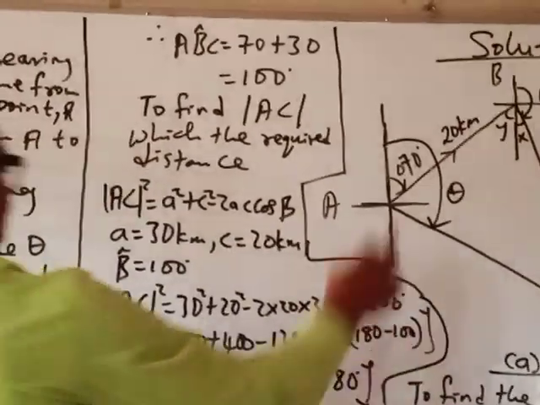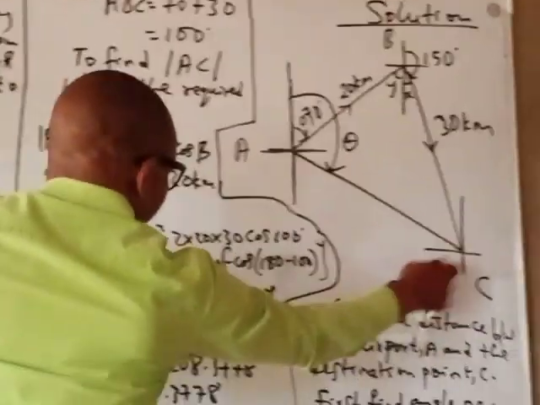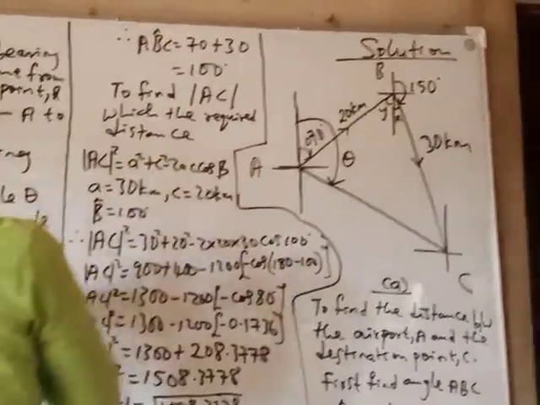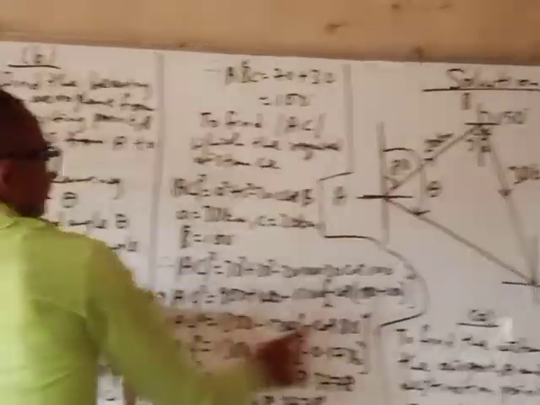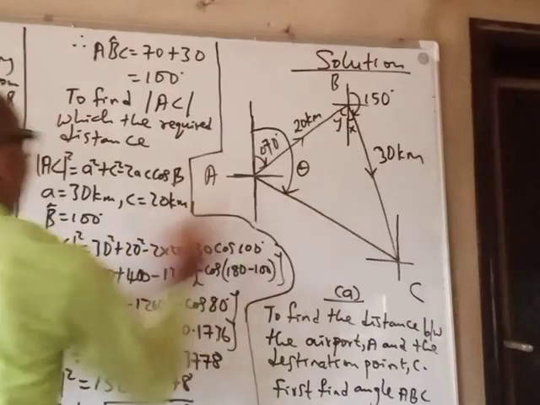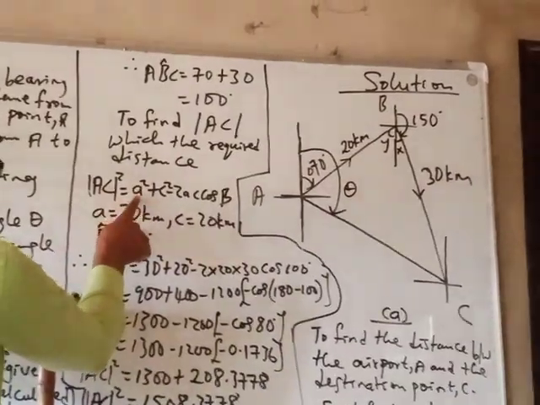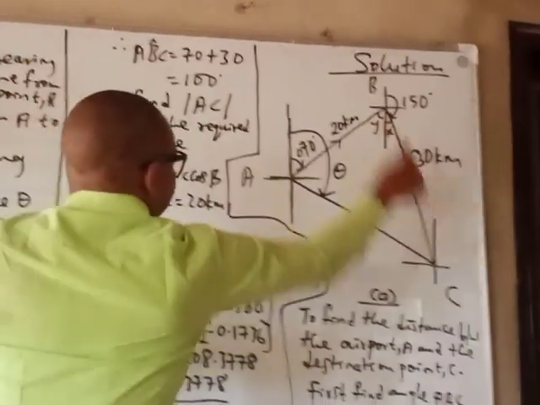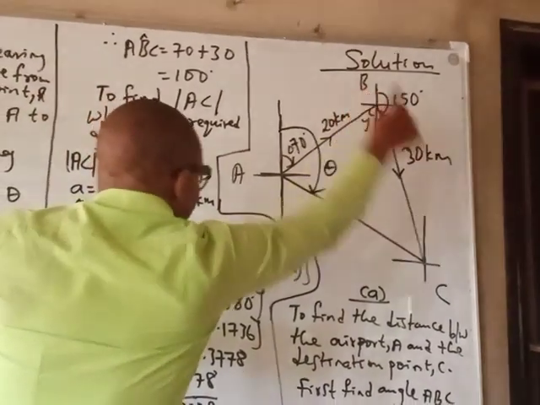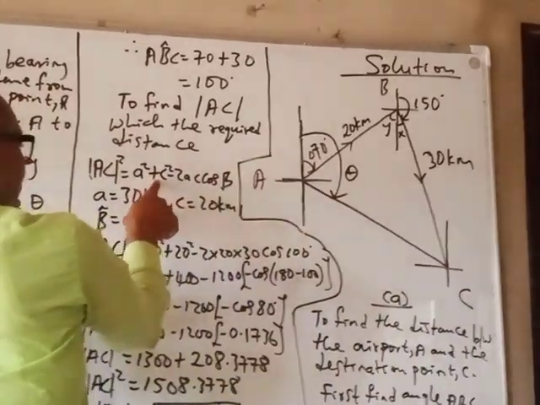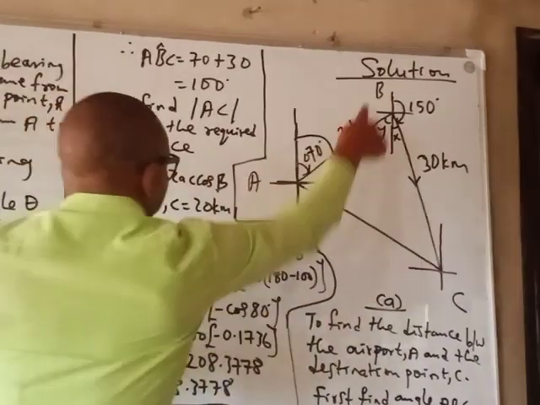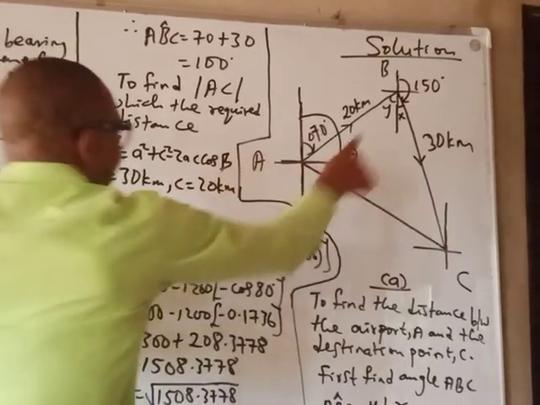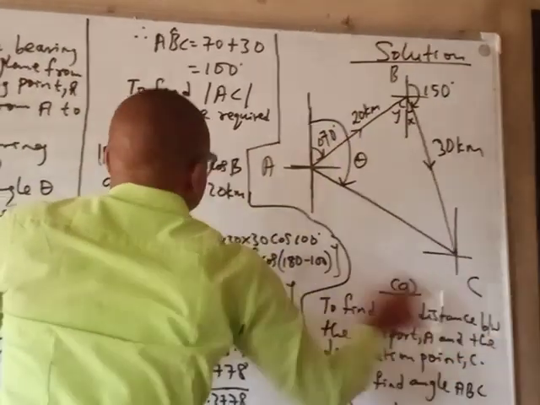Now, to find the distance between the starting point and the destination point, which is AC, we now use a cosine rule. So AC squared equals a squared, small a, which is the side facing BC, plus c squared, which is the side facing AB, minus 2ac cos B, which is angle ABC.